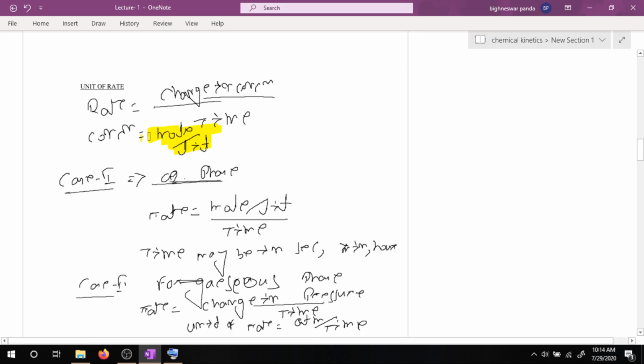Why is it molarity? Because molarity is mole per liter. And if the reactant and product are in gaseous phase, the unit of rate will be atmosphere per time, that is change in pressure per time. So that is the unit of rate.